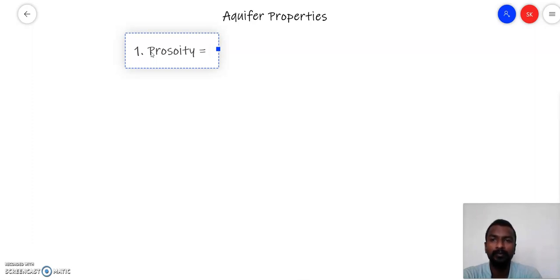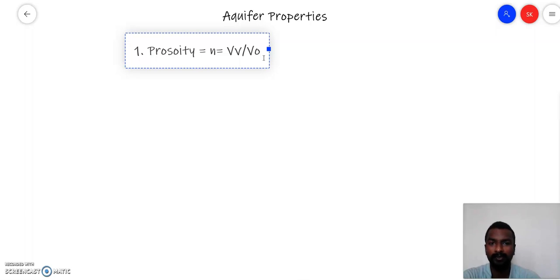So how can we define porosity? Basically, this is the volume of voids divided by the volume of the entire porous medium, which we can represent as V_v divided by V, that is, volume of voids divided by volume of the entire porous medium.